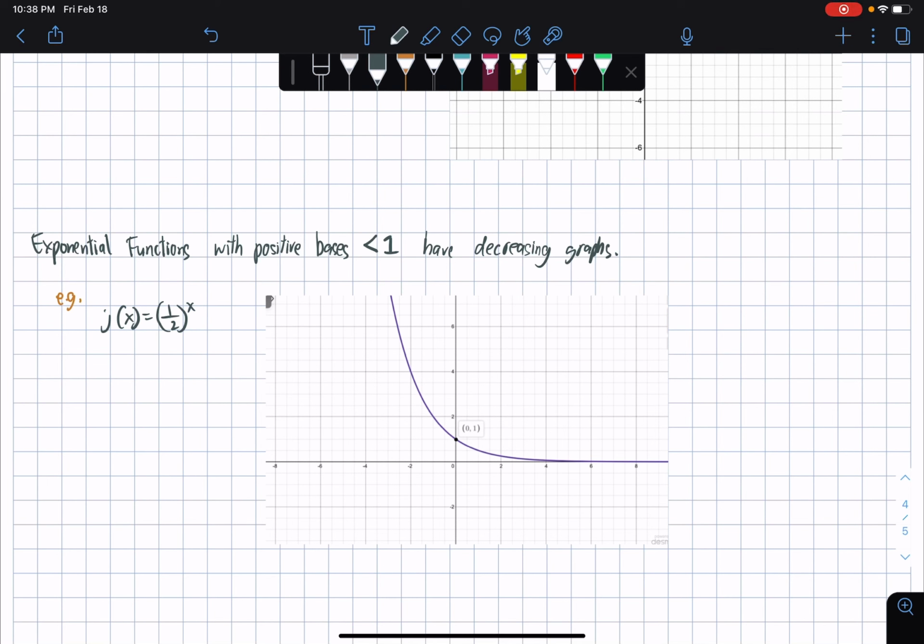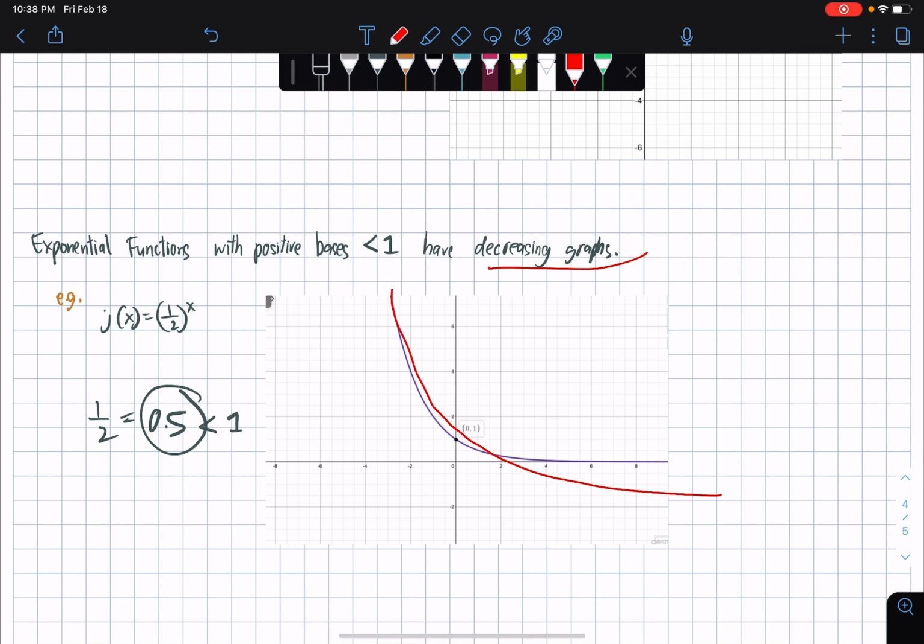J of x is equivalent to 1/2 raised to x. 1/2 in decimal is 0.5, which is less than 1. So considering that 0.5 is our base, it will have a decreasing graph. Decreasing graphs are seen as graphs written this way. Increasing graphs are written this way, as we've seen in examples earlier. For decreasing graphs, they're written in that fashion.